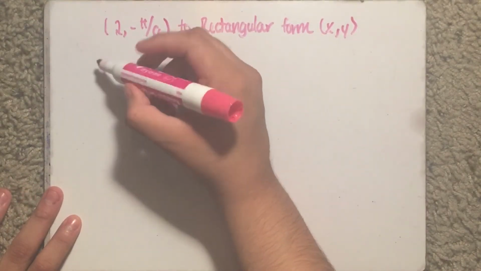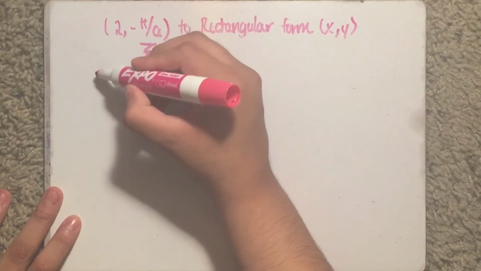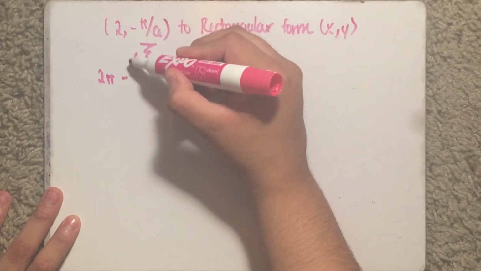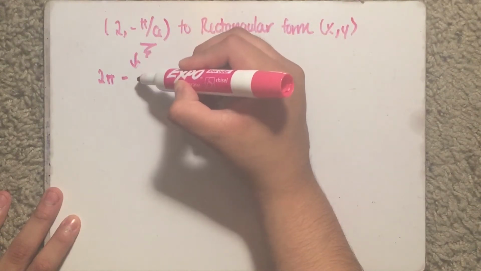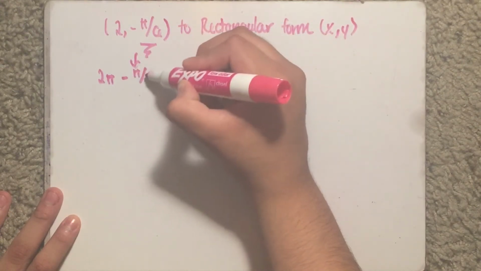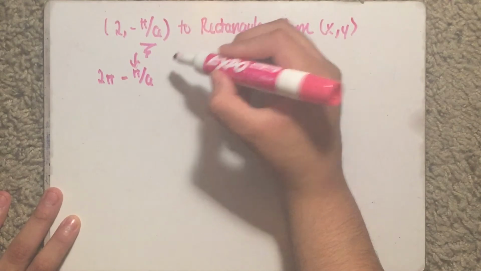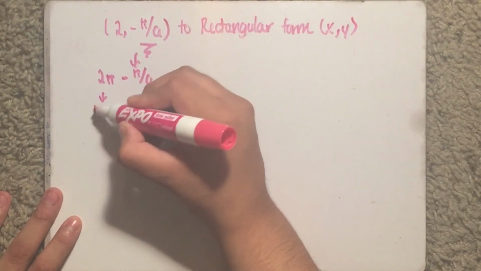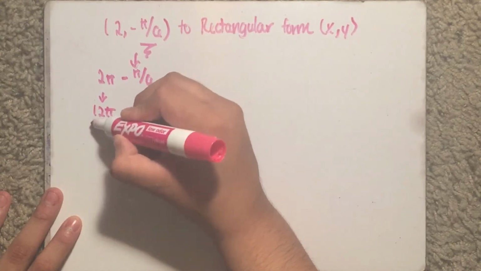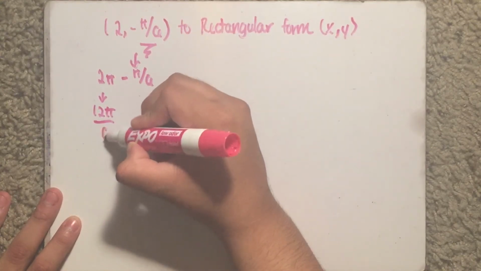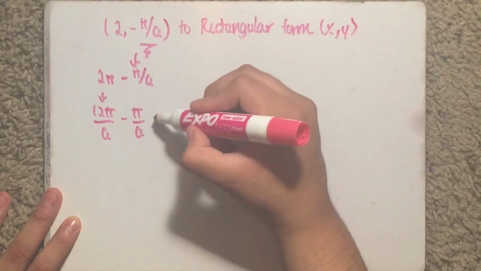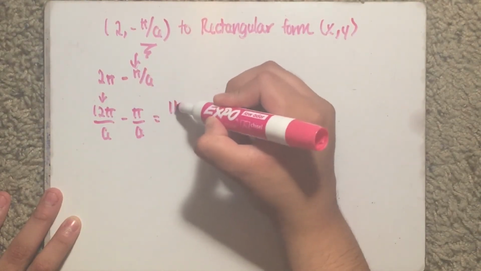So we're going to go backwards, starting from 2 pi and subtracting pi over 6. To make it easy, we would change the 2 pi to 12 pi over 6 minus pi over 6, which gives us 11 pi over 6.